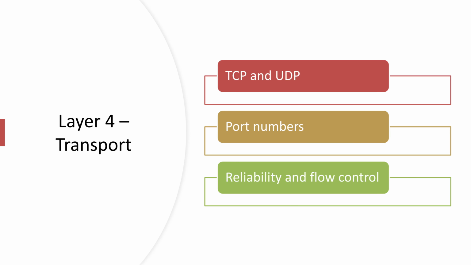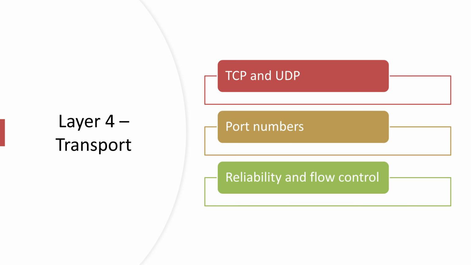TCP is reliable; it checks that the data arrives correctly, and UDP is fast, but there's no guarantee of delivery. Port numbers operate at this layer and allow multiple applications to communicate simultaneously. So if a service is running but unreachable, the issue is at layer 4.